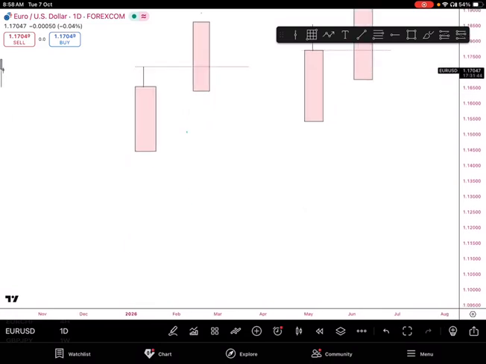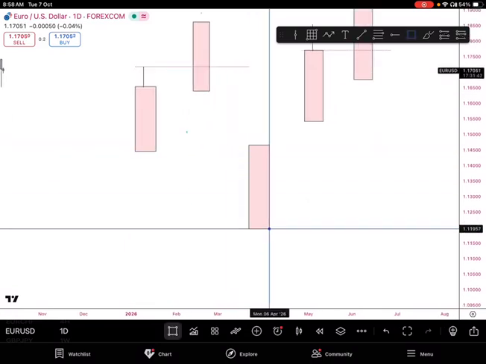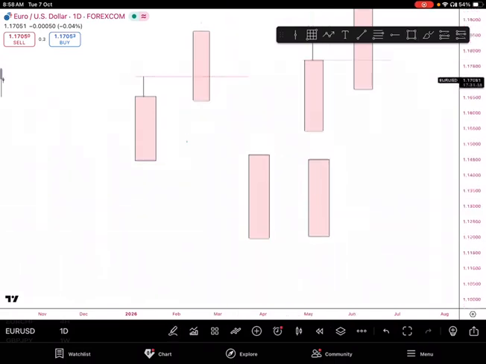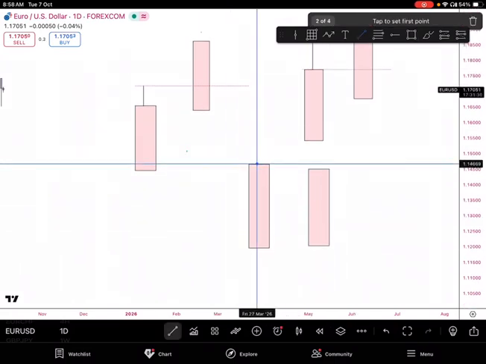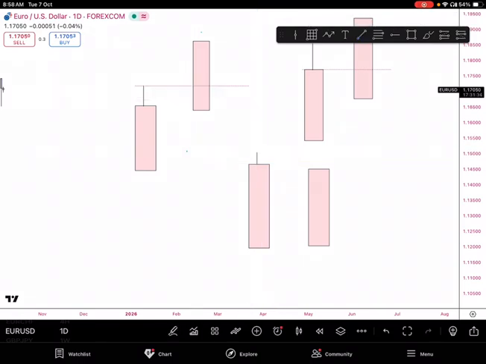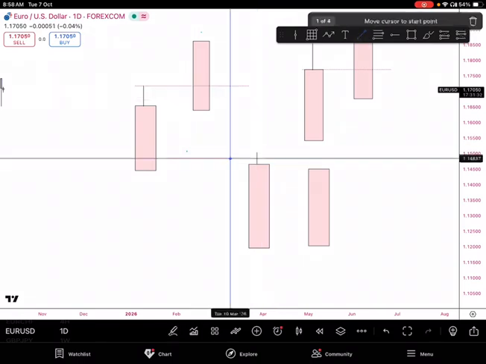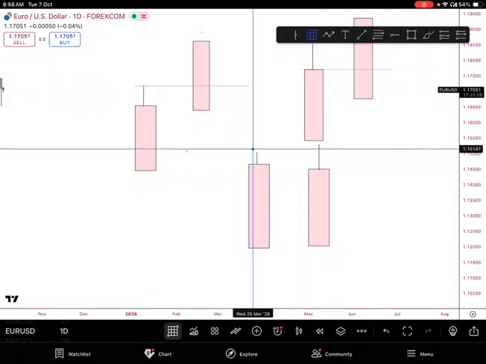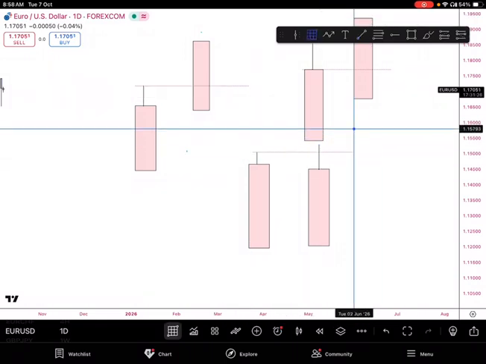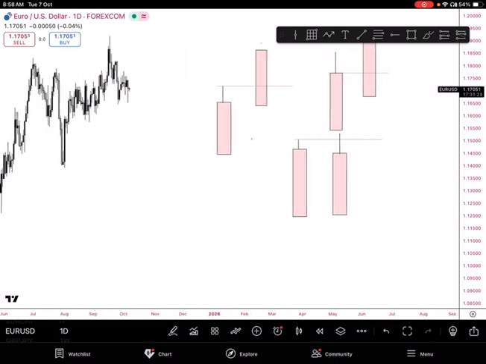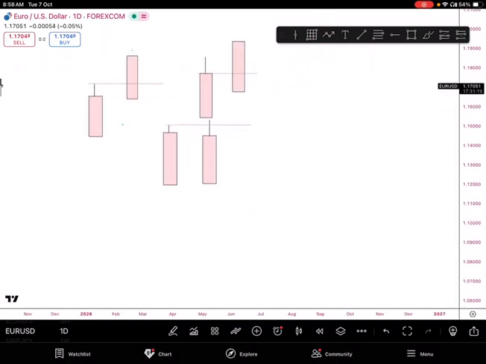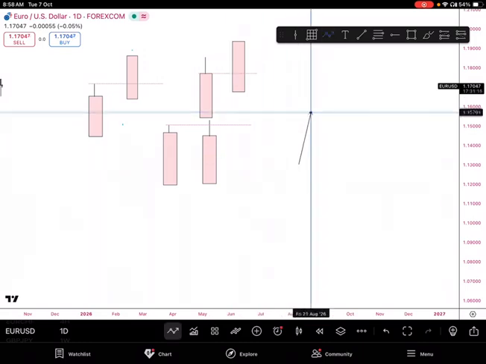Okay, so when you see this candle taken by the next candle wick, so we have a wick here. When the wick is taken by the next candle wick, we call this a sweep. When you see the sweep in a higher time frame structure and you go for a breakout to the downside, it means the direction is going to change.